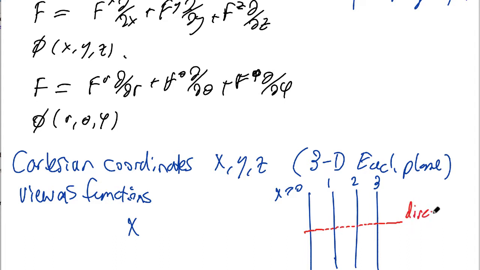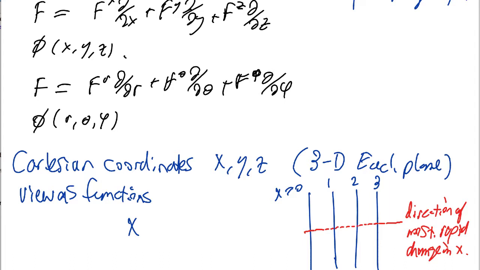So this is the direction of most rapid change in x. Okay, and in fact we know, because the line element is so simple, that that direction is the direction perpendicular to the x equal constant surfaces.